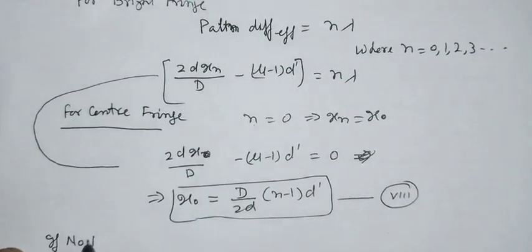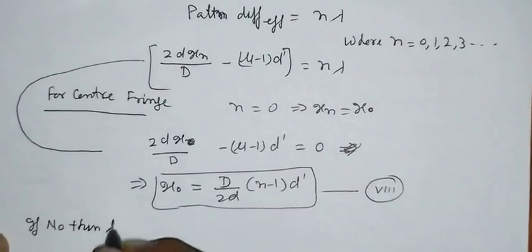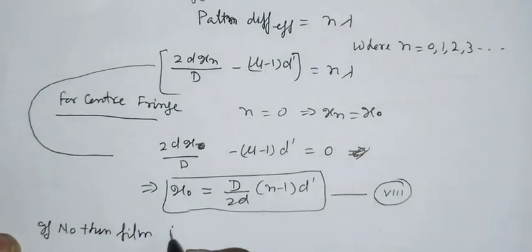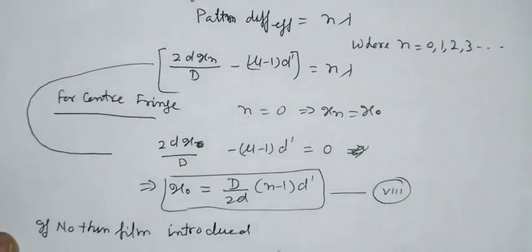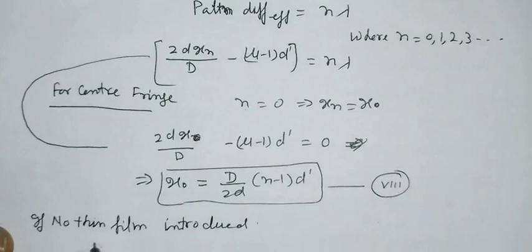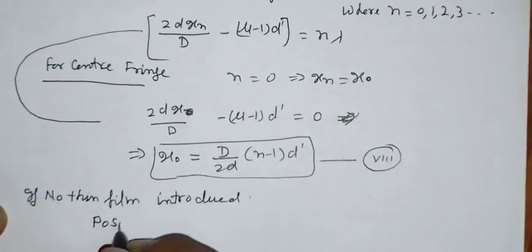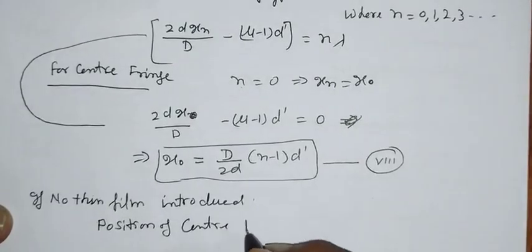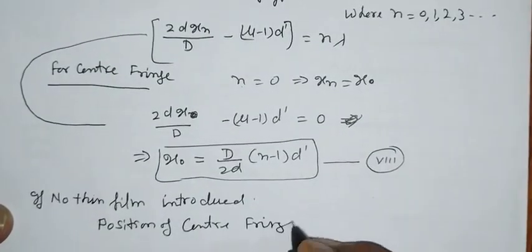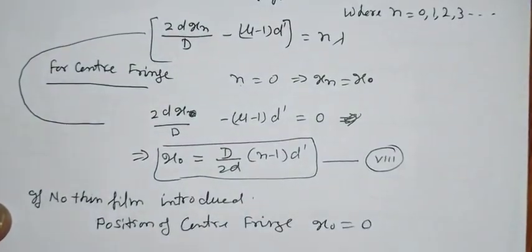Now see very carefully, if no thin film is introduced, then the position of the center fringe x naught is equal to 0.